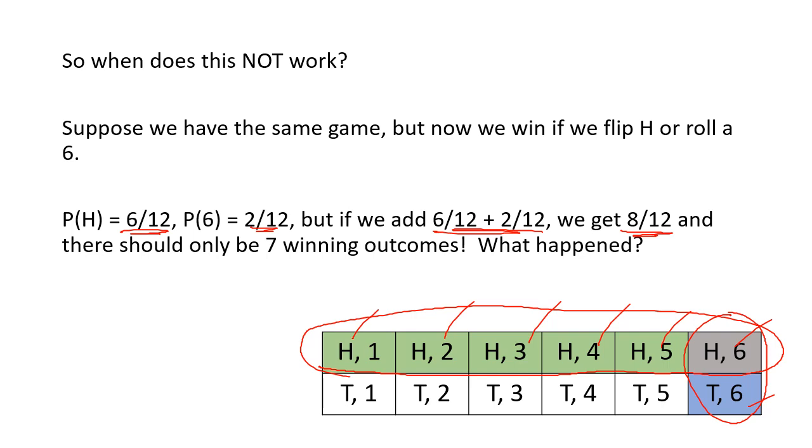So what happened? How come we can't add in that case? You can probably tell what happened, and I've made this a different color so you can see it a little easier. I've counted that heads with the 6 twice. I've counted it as part of the heads event and also as part of the 6 event. I'm not telling you this because you're going to see a lot of problems like this in this class.